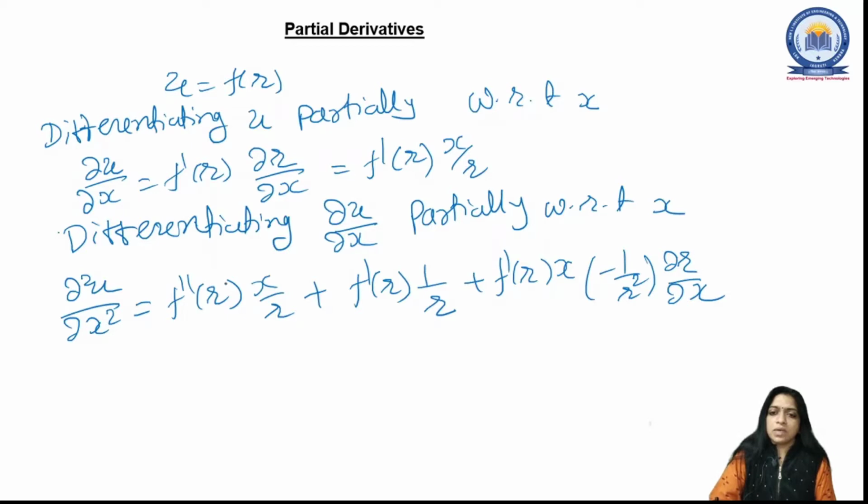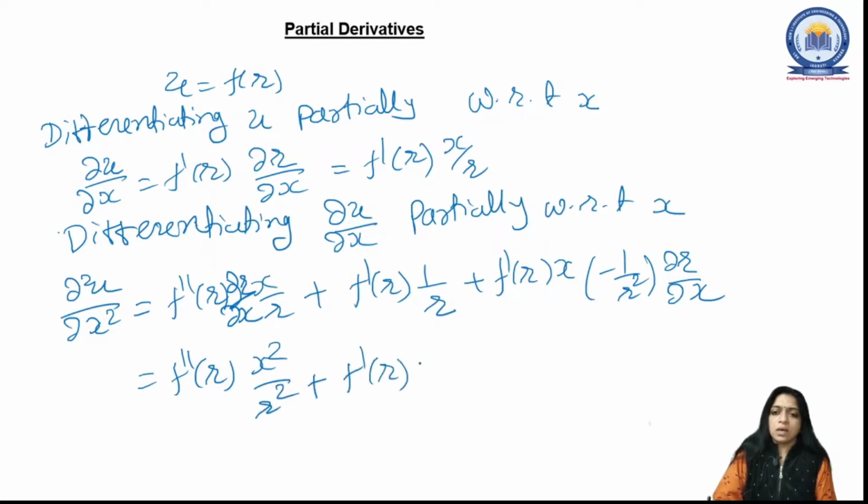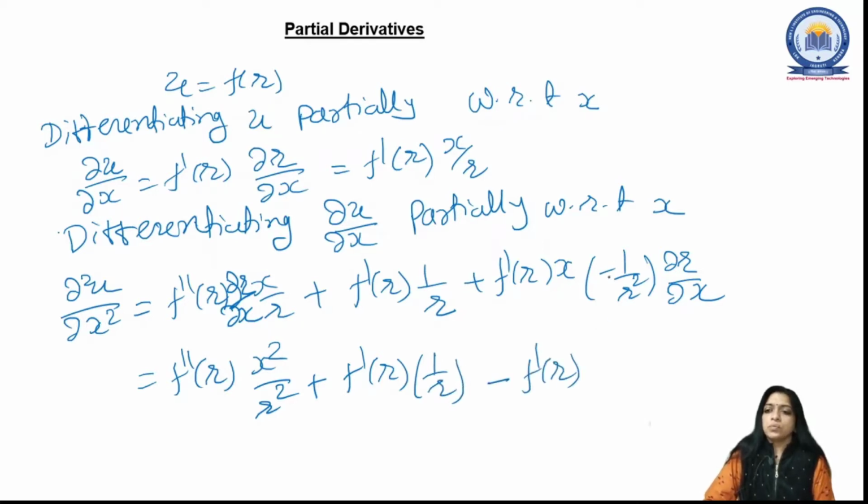Students, here f double dash r into del r by del x, that is x upon r, so x square upon r square, plus f dash r into 1 upon r, minus f dash r into x upon r, so x square upon r cube. So this is my equation 1.